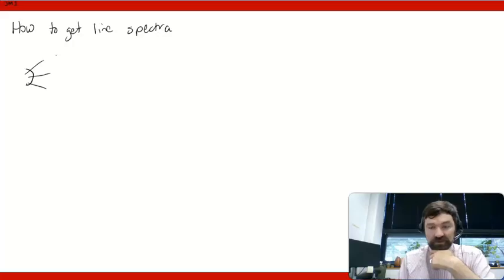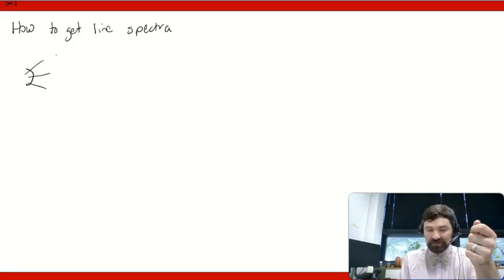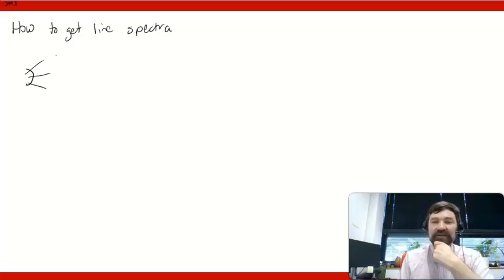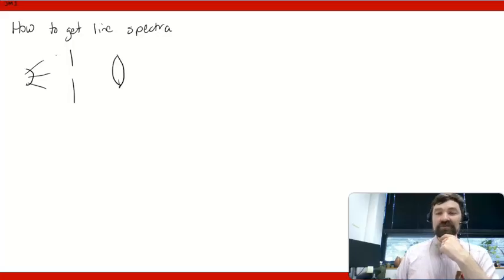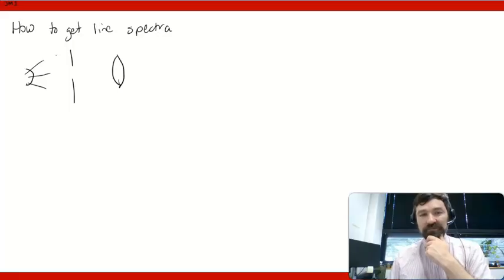Preferably the source is collimated, so either the source is distant, like a star or something like that, or you've done something to collimate it. Maybe you've put a slit of some sort, and then a lens that can image the slit. So basically you'd have it like this, and then it's collimated.